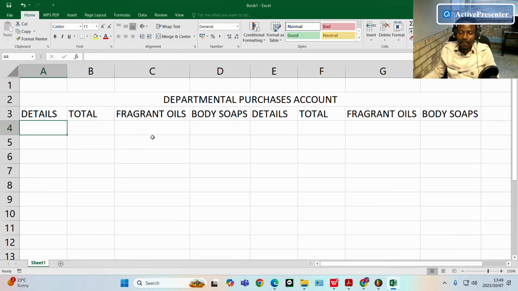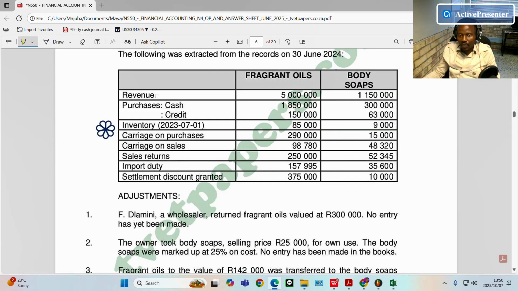All right, so here we go. Looking at this, revenue is not part of purchases. Here's purchases. So this is what we bought during the period, during the year.